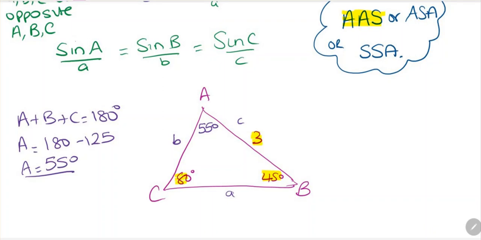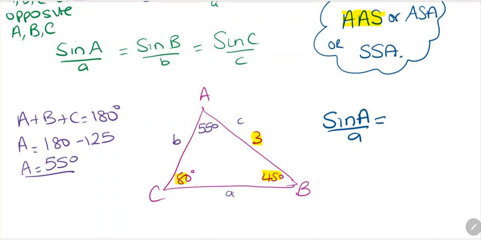Okay, so let's have a look. Sine of A over little a. If we use this formula here, we know the angle, we don't know the side. And then we need to use something that we know, the side and the angle.